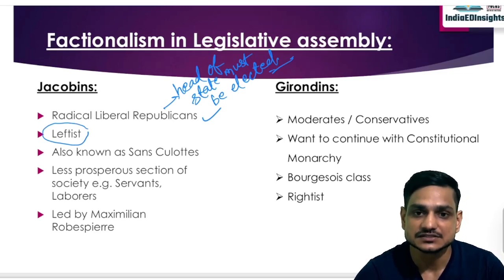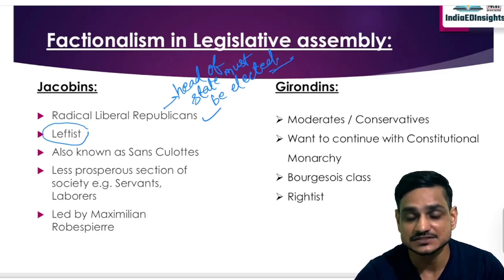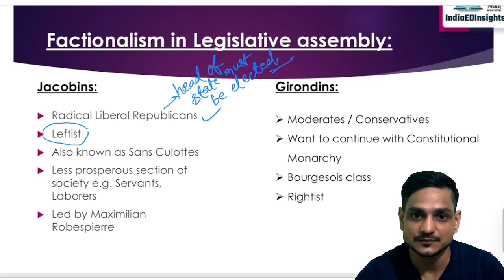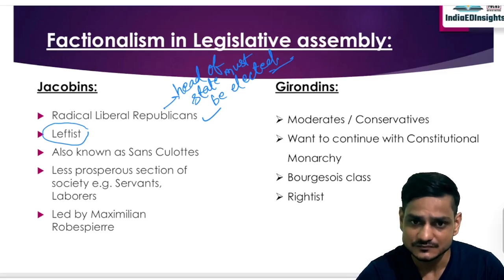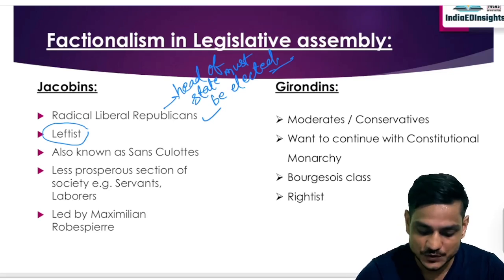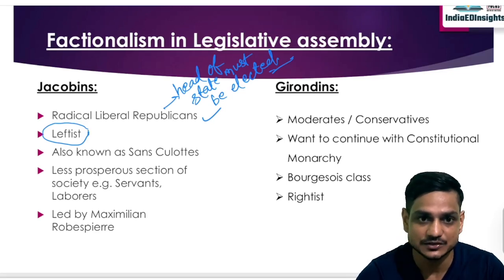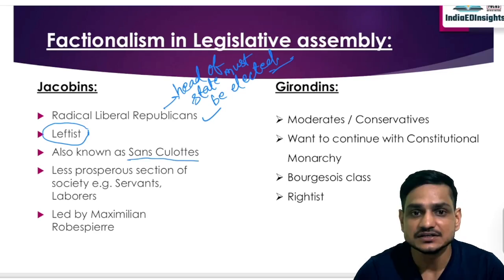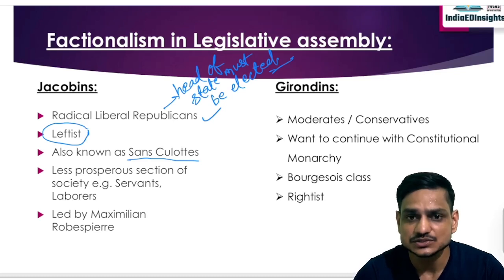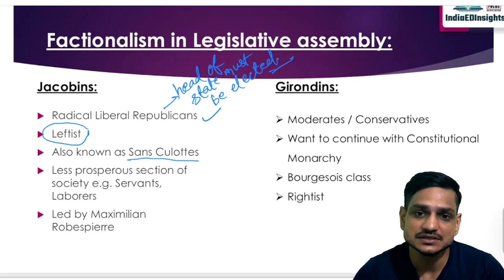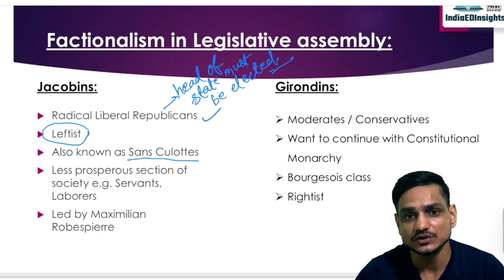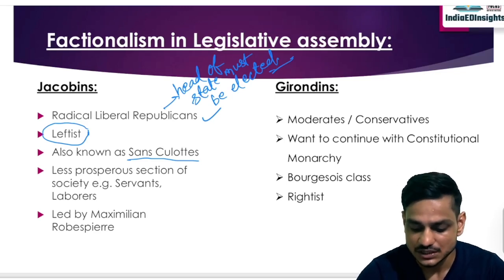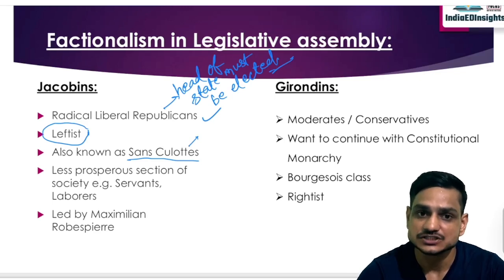Nowadays, there are certain parties who claim themselves as leftists, and certain political parties who claim themselves as rightists. Those who sat on the left side of the legislative assembly wore sans-culottes, a different type of clothes worn by people of the lower strata, who are poor. So these clothes were worn by the Jacobins.